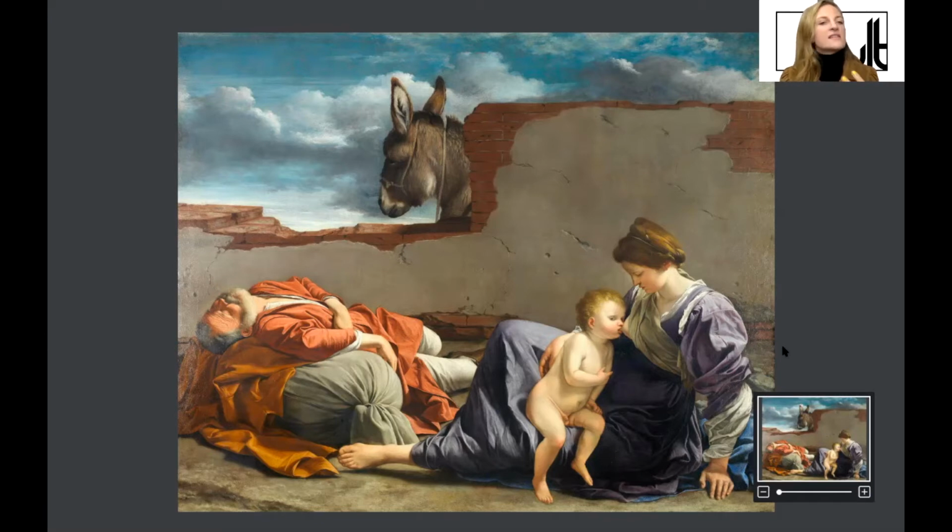So, as I say, it's often set in a landscape. This allows artists to experiment with landscape painting, complex compositions, and dramatic settings, while at the same time, of course, painting a religious painting.